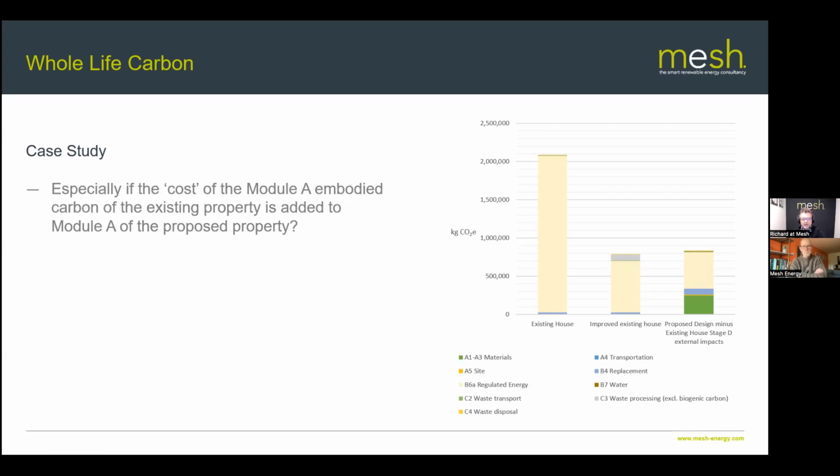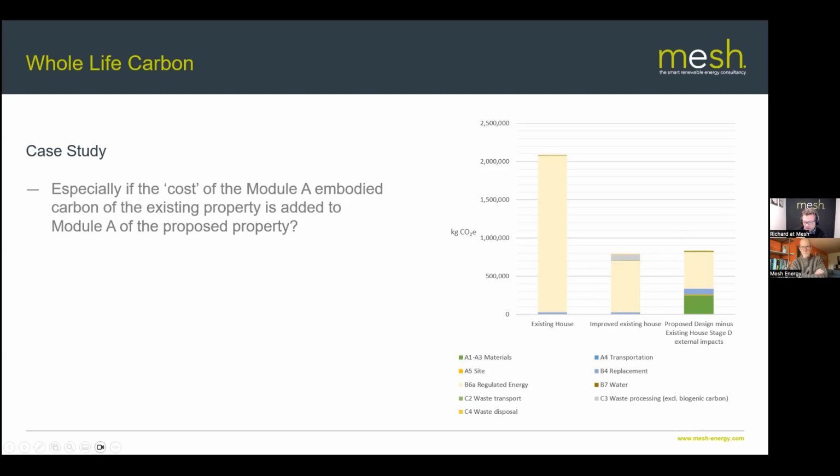So especially if the cost of module A, like that previous spreadsheet I was showing you, is embedded in the carbon of the existing property, is added to the proposed property. So suddenly, with the improved fabric and energy strategy, we get a slightly better performing building.